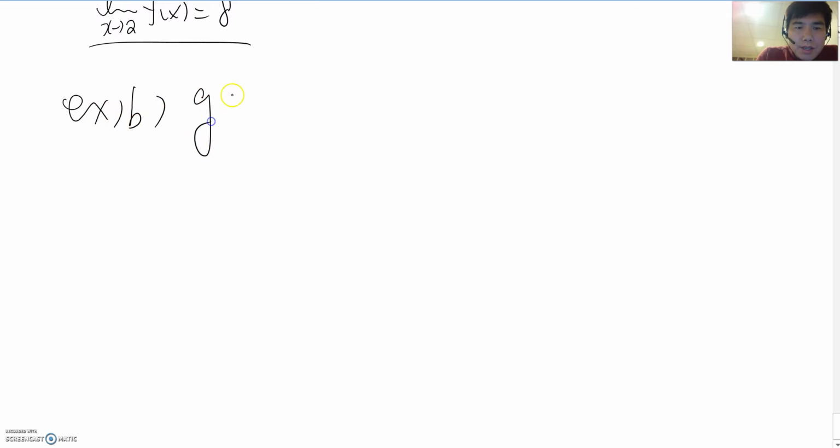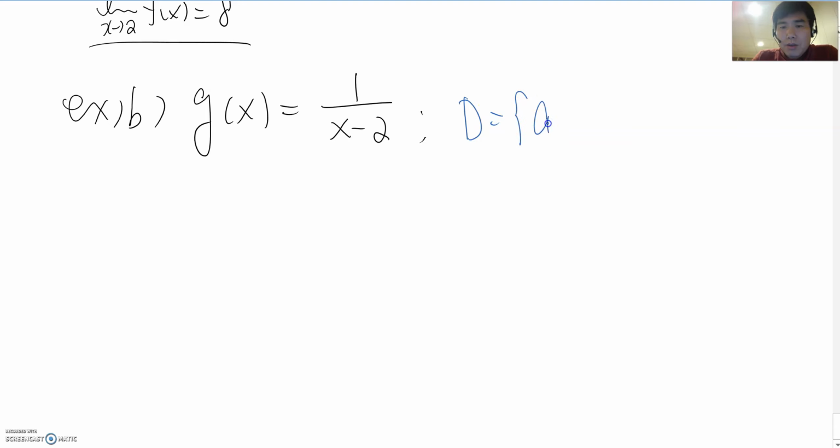I'm going to say g(x) equals maybe 1 over x minus 2. This is a rational function. From here, can you define the domain? Yes, the domain is all real values, but x cannot be 2 here. Why?